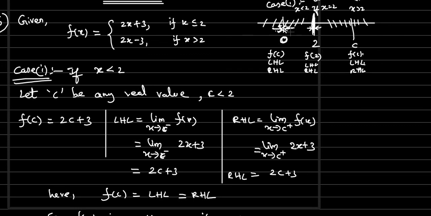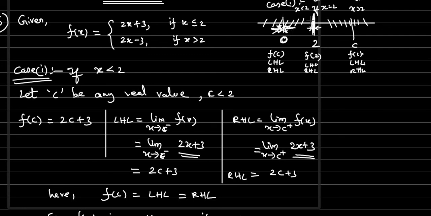Only the close values, that is 0.001. Even when we round it, approximately 0 has to come. Such type of close values only we have to consider. Even the close values on the right hand side for this 0 are less than 2 only. That's the reason for the left hand limit we applied 2x plus 3, and for the right hand limit also we applied the same 2x plus 3. For 0, left hand side close values and right hand side close values are anyway less than 2.